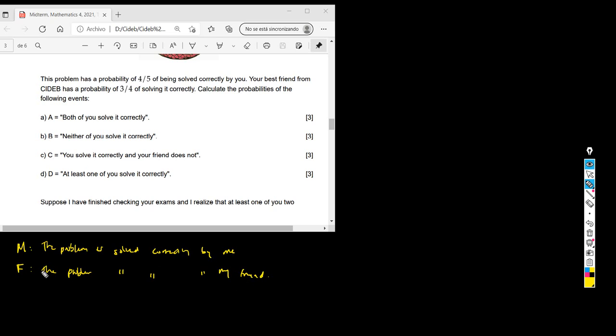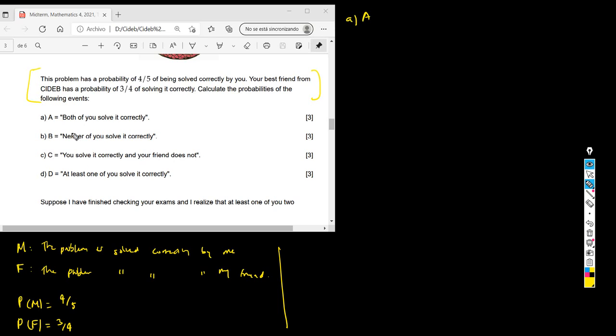So M for me and F for friend. And the problem from the start is telling me the probabilities of these events. This is 4/5, and this is 3/4. Okay? And that's the whole context. And then they ask me a series of questions.